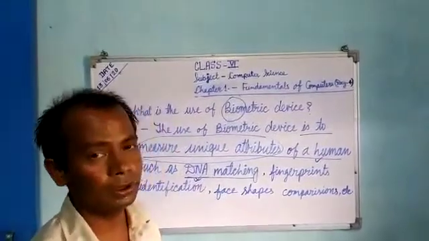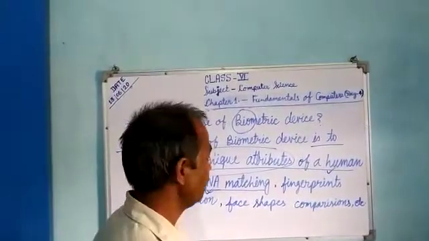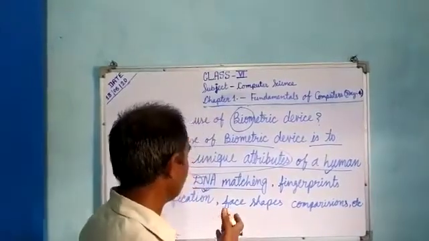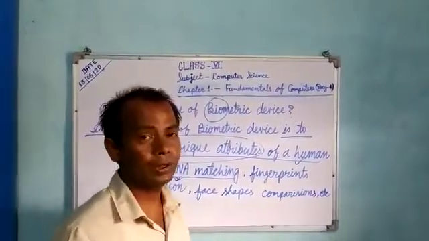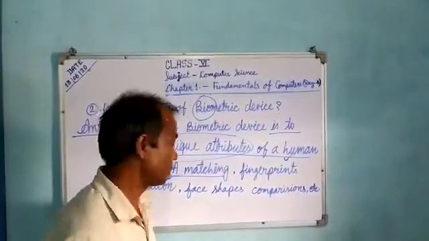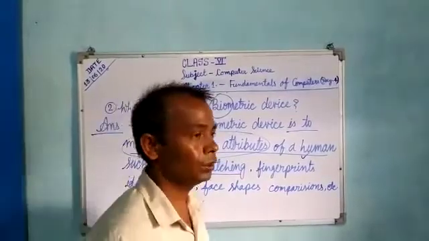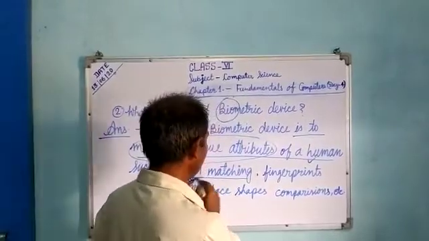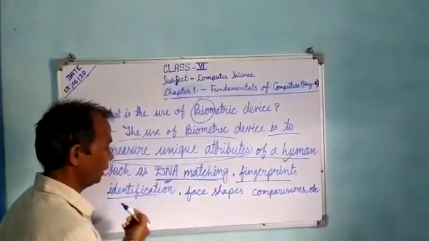You can also say it is applicable for attendance in very big companies, where attendance is a big issue. One time they feed their fingers, and again they feed their fingers, then it is going to match, and the attendance records what time he is coming and going. Fingerprint identification is the same thing.